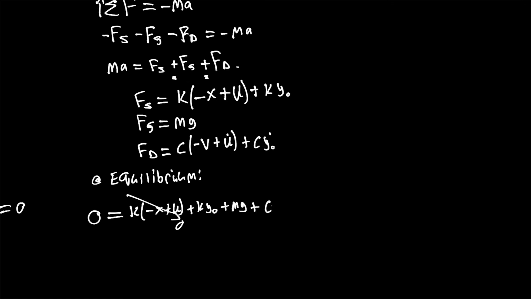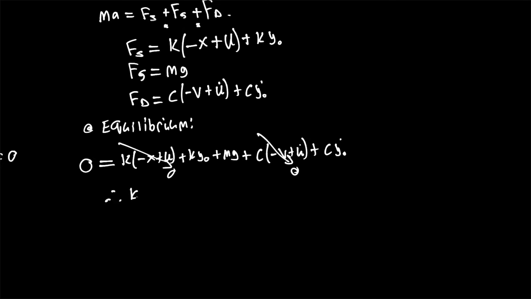That's going to be c times negative v plus u dot. Once again, at equilibrium, this is 0, plus c y naught dot. So therefore, k y naught plus mg plus c y naught dot equals 0 at equilibrium.